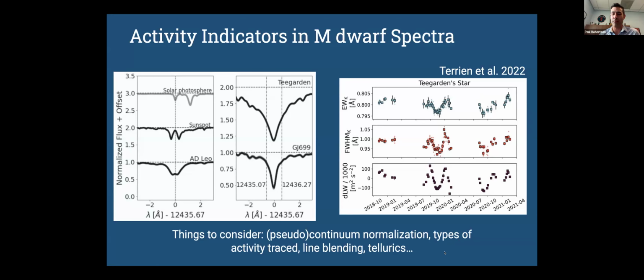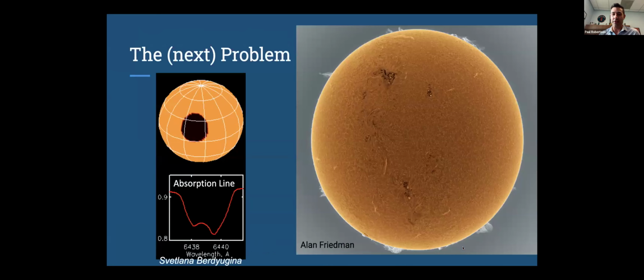But it does segue into the next problem. Suppose I have a fantastic red optical or infrared spectrograph and I'm extracting my data perfectly. Of course, this is one thing that doesn't change from sun-like stars. Our sensitivity is going to be limited by stellar variability.